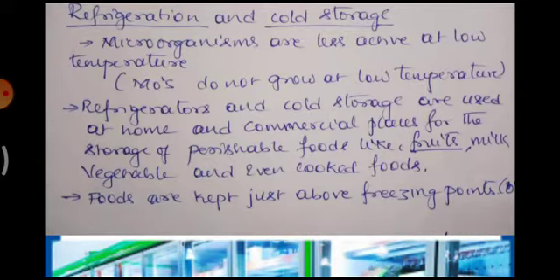And milk is usually stored this way. Whenever you purchase milk, you may have seen you are getting the milk from either a refrigerator or cold storage. And food, even cooked, is kept in a refrigerator in the houses so that it is protected and preserved, and to avoid spoilage.